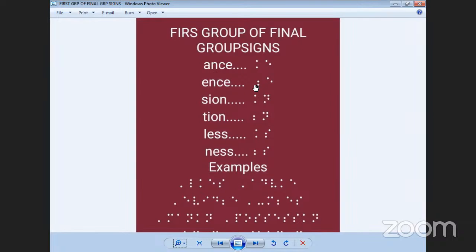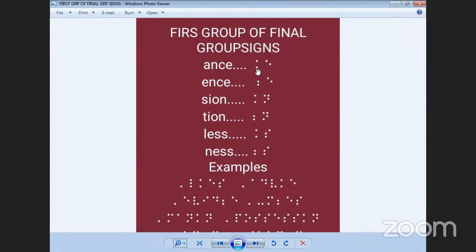So we begin with ance. When we are writing a word like chance, it ends with ance. So what are you going to do? Remember that ance is, are we able to see the dots?